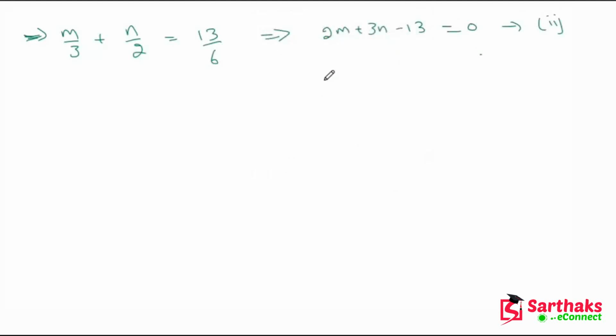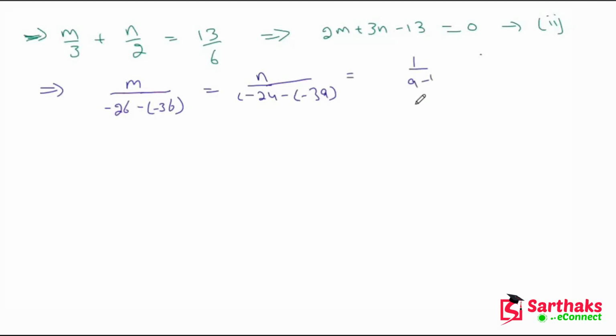Now, using the cross multiplication method, we get m upon minus 26 minus of minus 36. I am doing it directly because we know the procedure of cross multiplication. And n upon minus 24 minus of minus 39 equals 1 upon 9 minus 4.